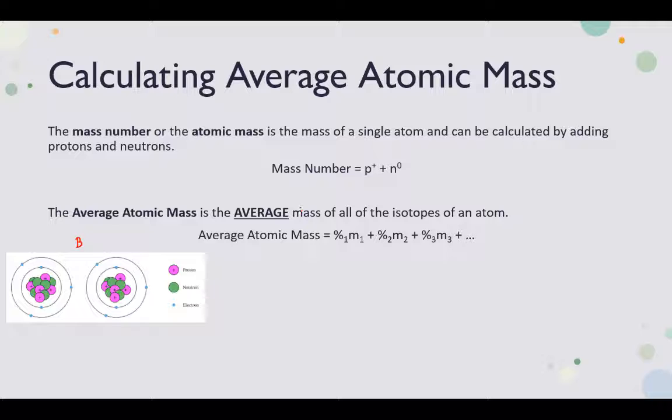So here we have 2 isotopes of boron. I know these are isotopes because when I count the green circles, 1, 2, 3, 4, 5, 6. So this one has 6 neutrons and 5 protons. And the one on the right also has 5 protons, but if you count those neutrons, there are 5 neutrons as well.